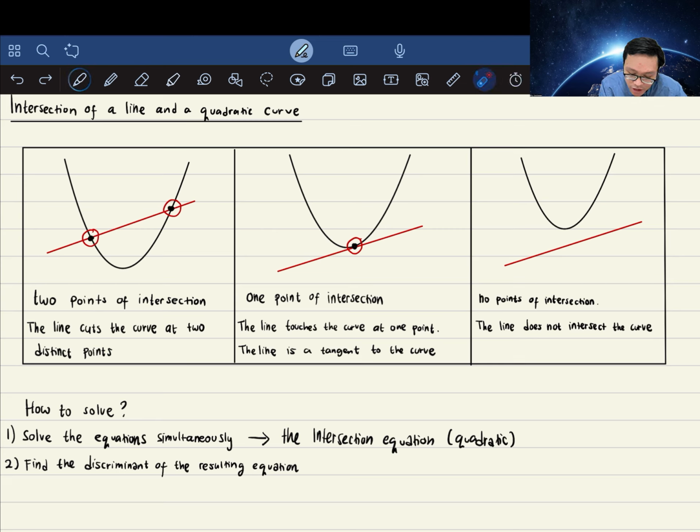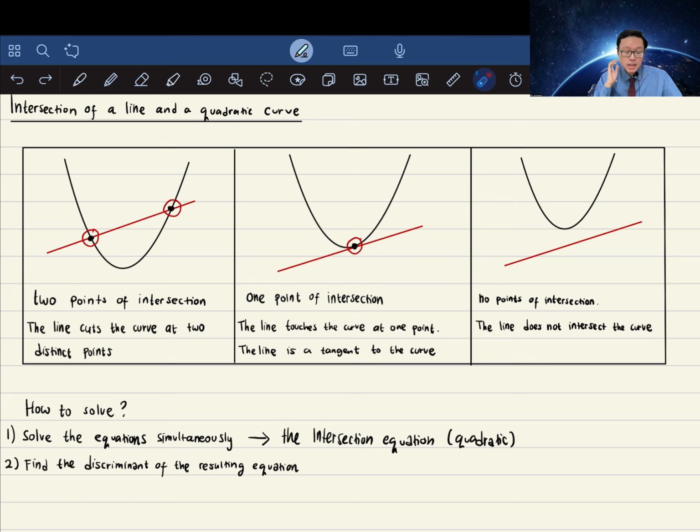But if the line only touches the curve at one point, we call it a tangent to the curve. And you will learn about tangent lines: a straight line that touches a curve at one point only. But if the line does not intersect with the curve, it means no intersection at all.